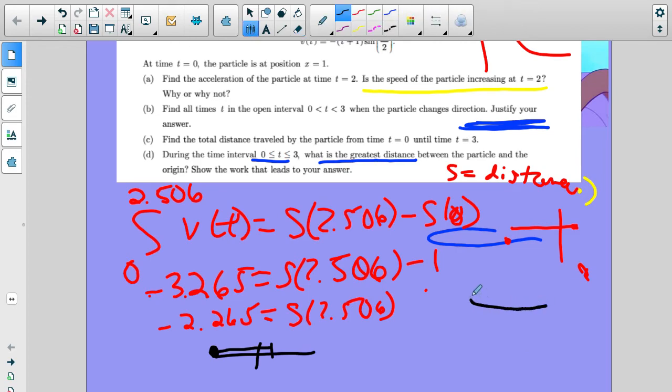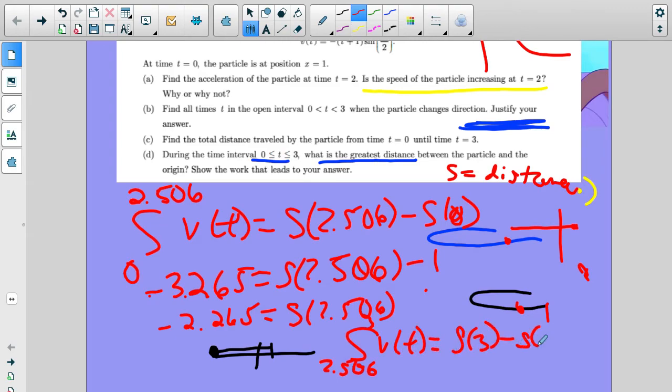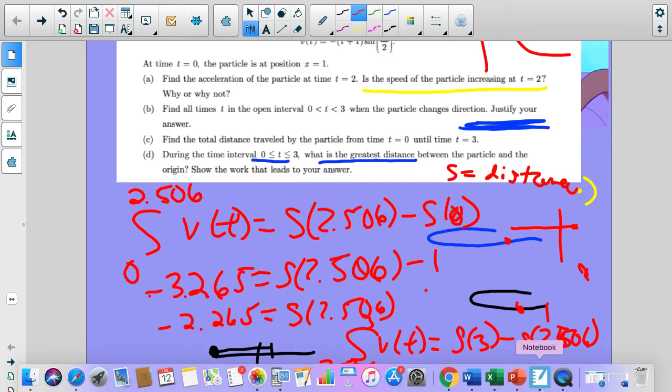It went left, and it went right, and the origin is right here. It started at 1. And so I integrated the velocity from 2.506 to 3. That gives me s of 3 minus s of 2.506. And when I did that, I got 1.608.